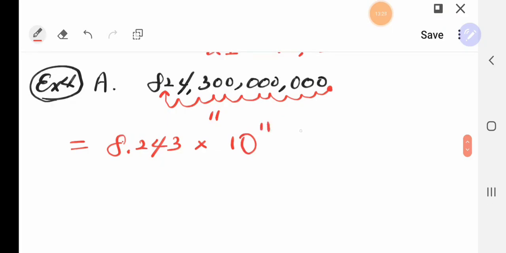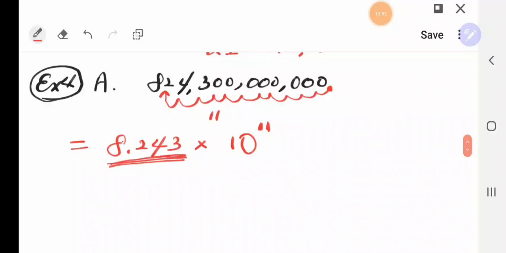This is important. We want to make this number very large, so in order to make a large number, the exponent has to be positive. So it will be 10 to the 11th power, not negative 11th power. If the exponent is negative 11, then we are making this number smaller.